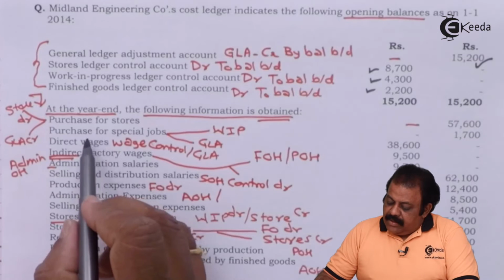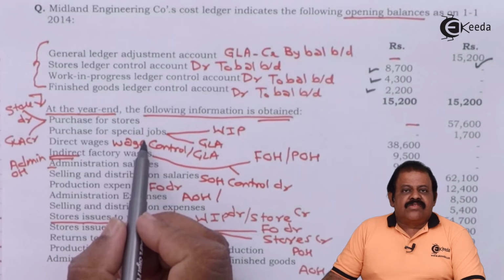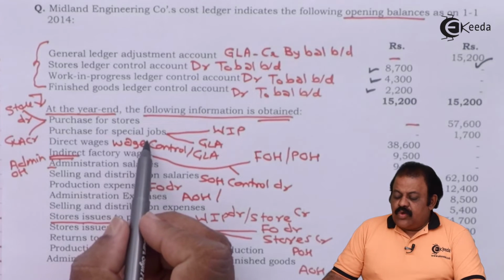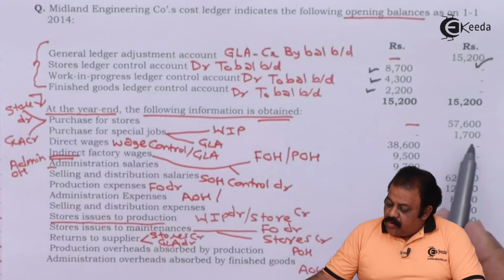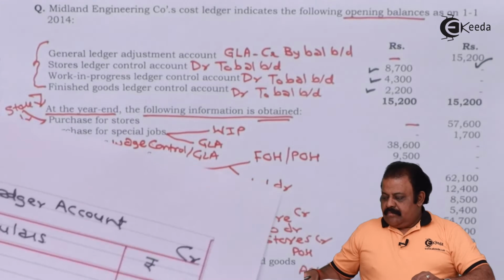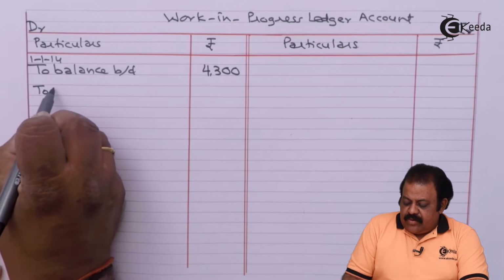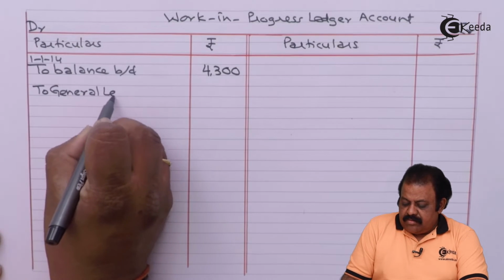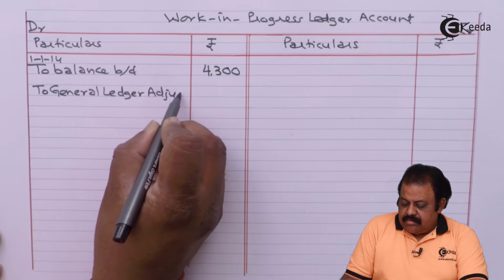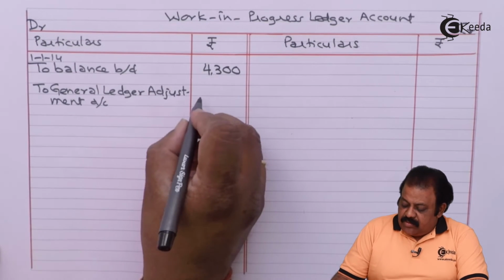Purchase for special jobs. This will not be kept in stores, it will be directly issued to special jobs. Amount is 1,700. This will be recorded to the debit of work in progress adjustment account and to the credit of GLA. Work in progress ledger account debit side to general ledger adjustment account.